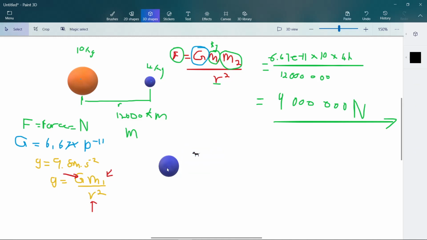So your M1 will be the mass of the earth, and r will be the distance from the center of the earth to the position that is specified, like if they say where the astronaut is. So you're just gonna have to add the radius of the earth to the height above the sea level. So that will be your total r, and don't forget to square it.